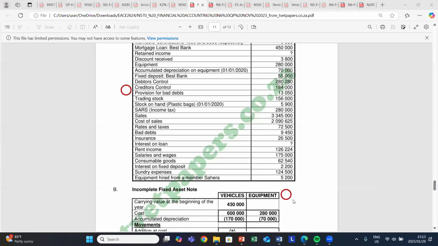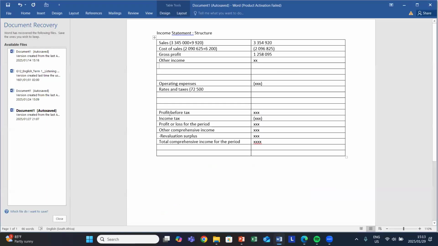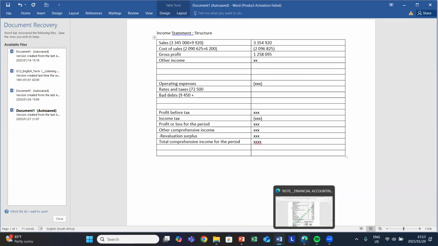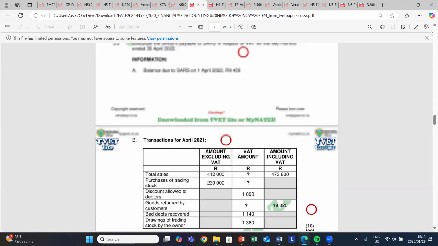And then we also have bad debts. Bad debts is 9,450. In bad debts, we know that we always add, right? Yes. Bad debts, 9,450. Okay, let me check this thing. Apologies.